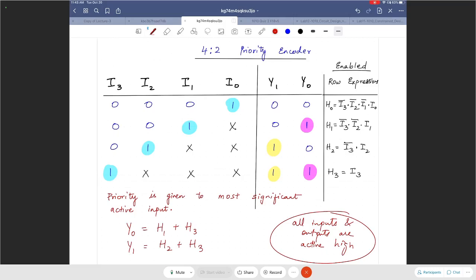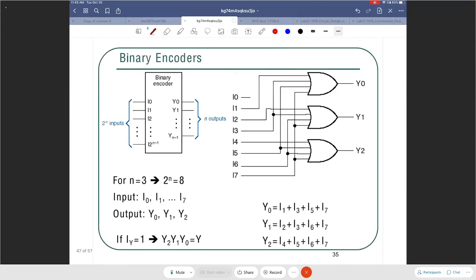So by looking at a 4 to 2 basic encoder and a priority encoder and being able to write the expressions, now when you start looking at an 8 to 3 basic encoder, you guys can really see the pattern develop.